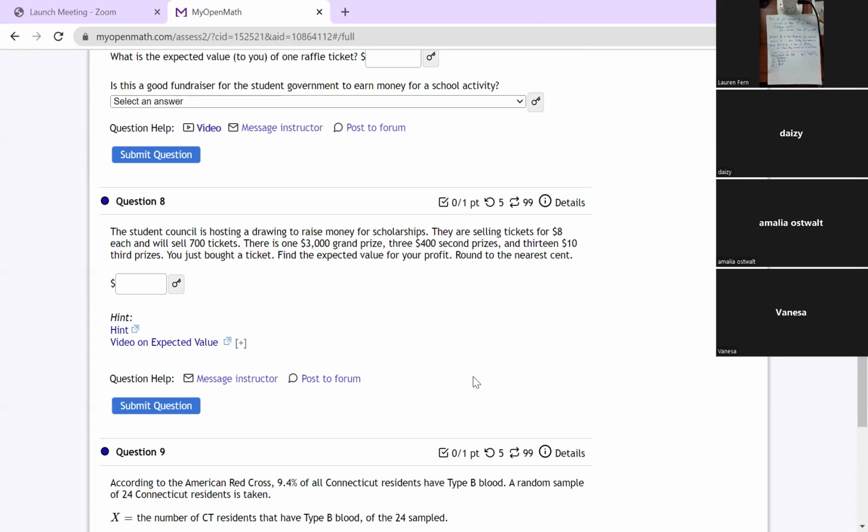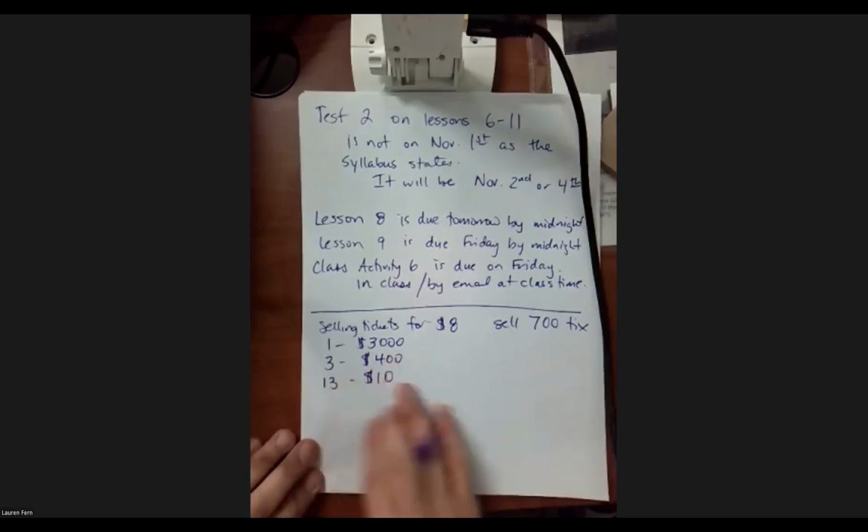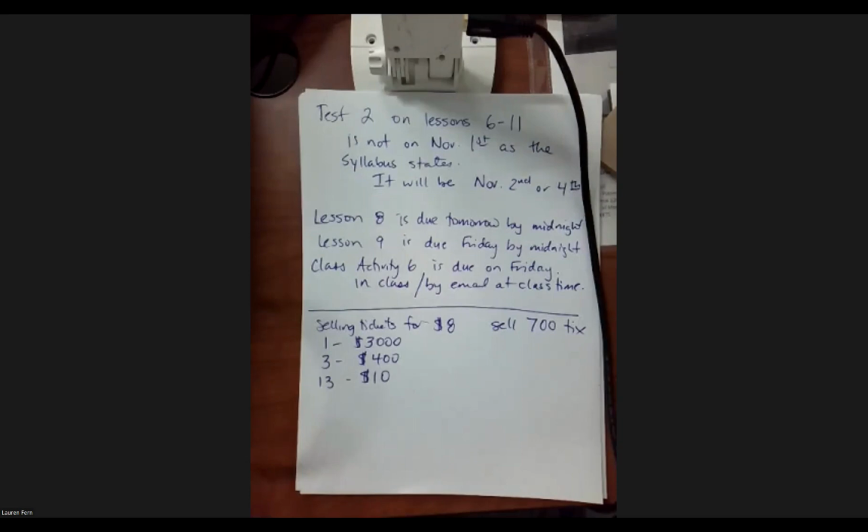Okay. So the first thing that I would do here is make a probability distribution table. I'm going to stop sharing my screen at this point, so that everyone can see the important notes I took. Now, you have a choice as to how you do this problem.